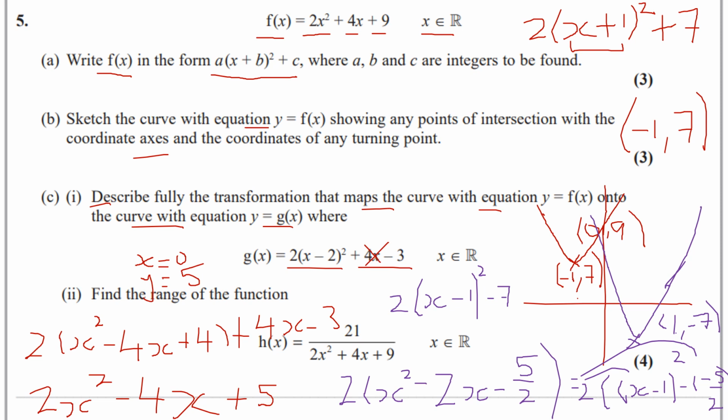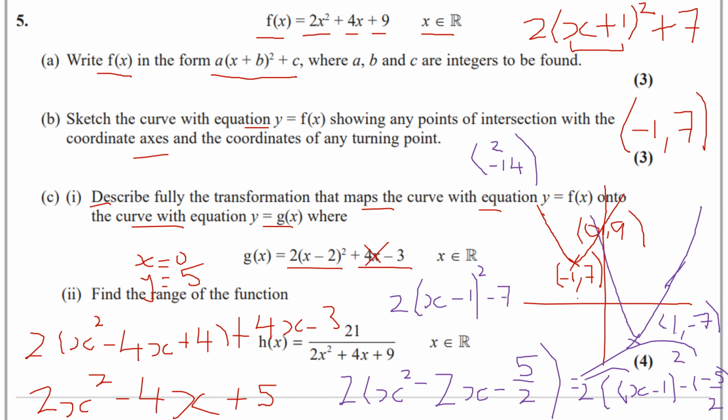Okay, so it goes across 2 and then down 14. Okay, so it's a translation of 2 across and then minus 14 down. Okay, that's the translation vector.